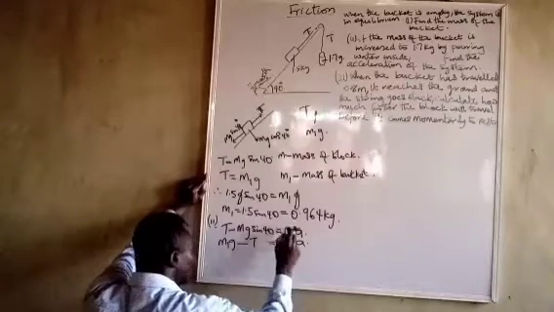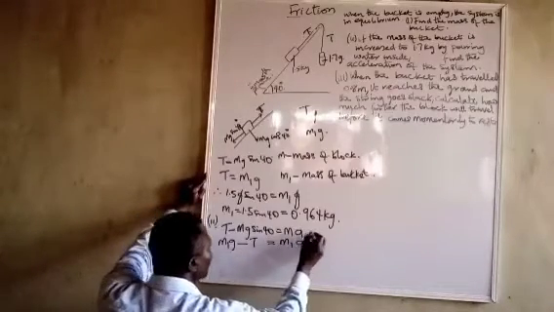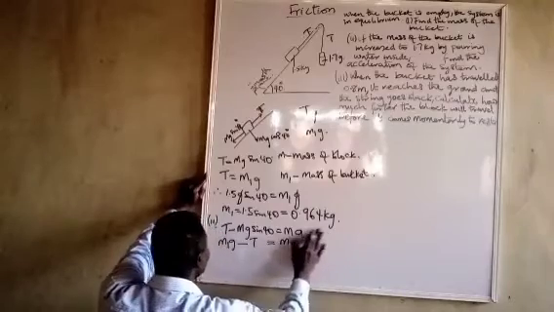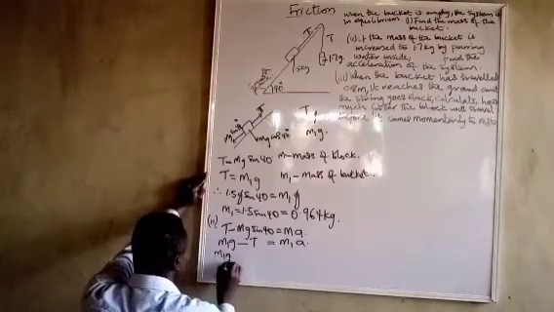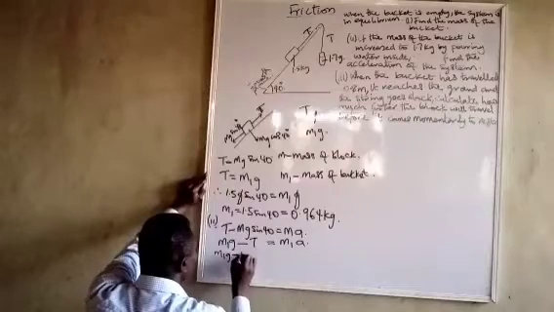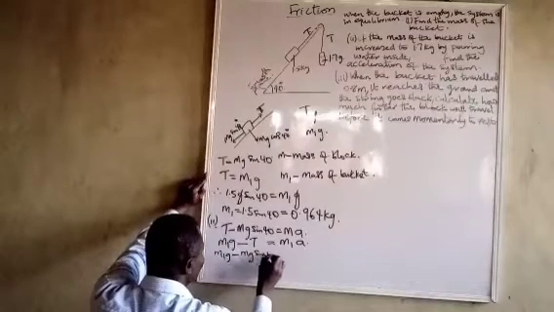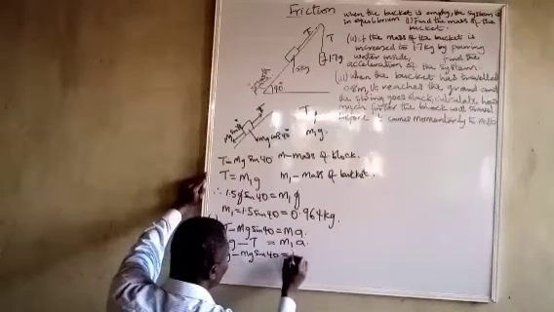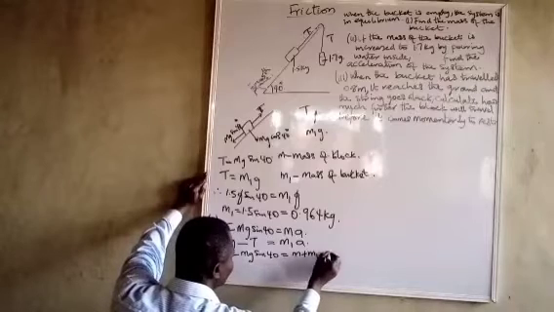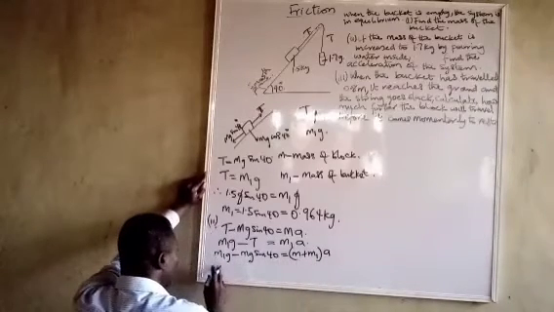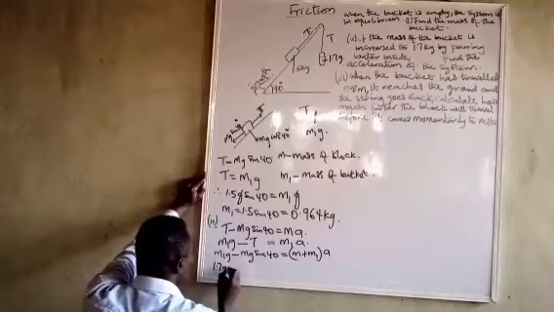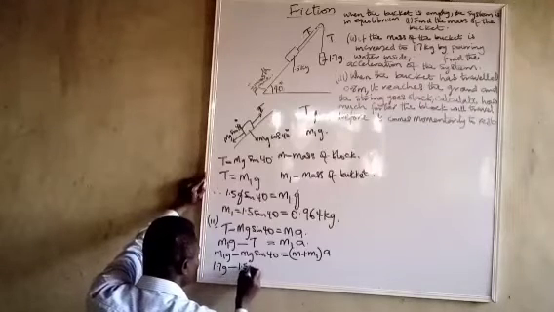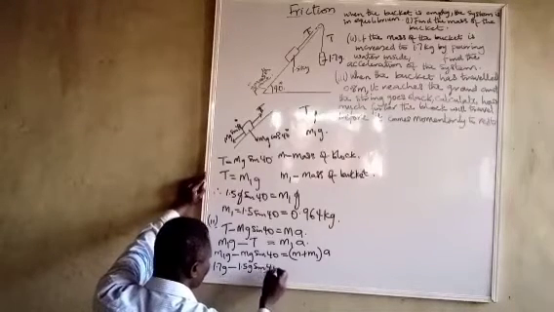I know what m is and I know what m1 is. m is 1.5, m1 is 1.7. Adding these two, I have m1 g minus mg sin 40 is equal to m plus m1 times a. What is m1 g? 1.7 g. What is m? 1.5 g sin 40.